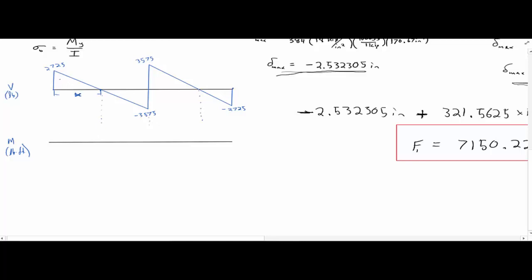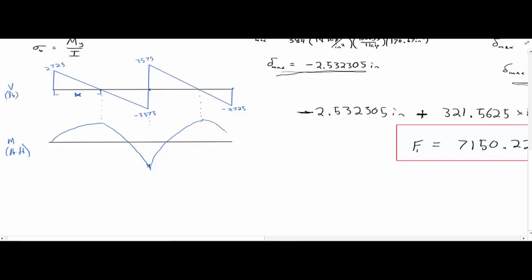And so since this is positive over here, find the area under the curve of the shear diagram, and you should find that height. Since it's crossing 0 here, we'll have a negative maximum. So this will go down, and then it goes up again. So we'll have another positive maximum, and then it goes down.